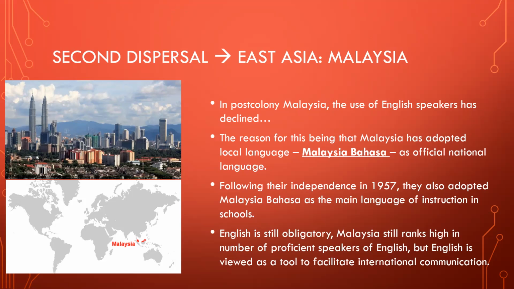So the moment they become independent, they change the national language to their own local one. Versus when they were a post-colony, English had a more prominent role and status and was more widely spoken. But now Malaysian Bahasa is more widely spoken.